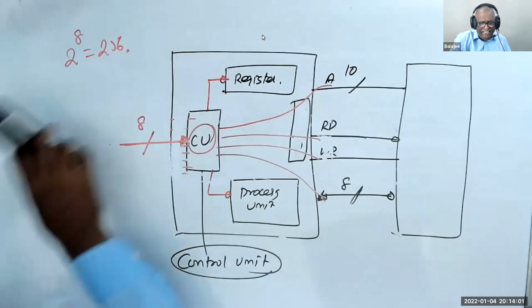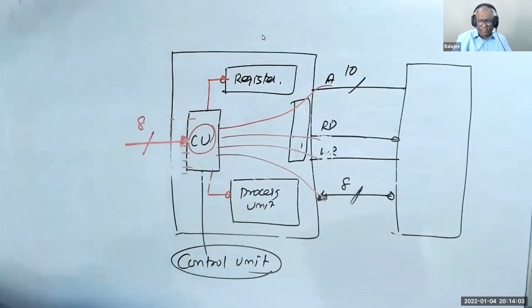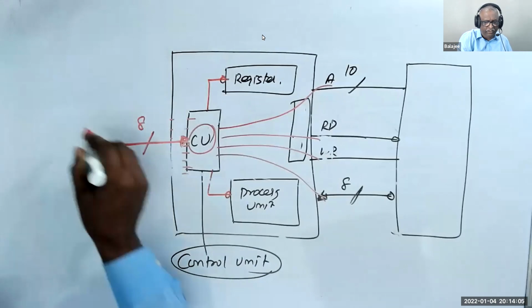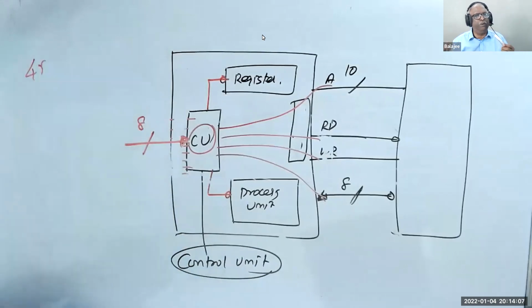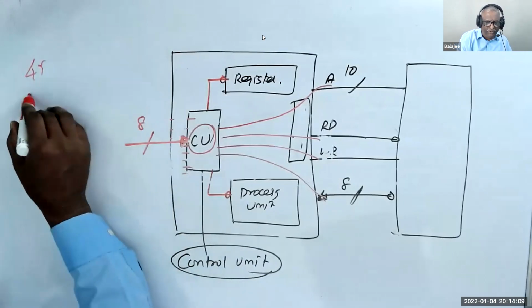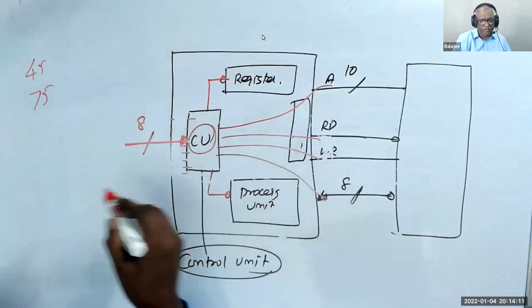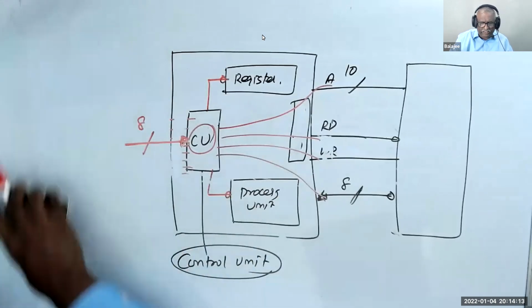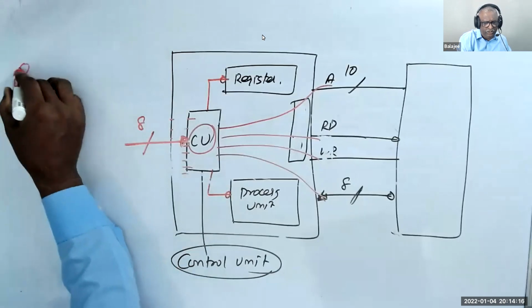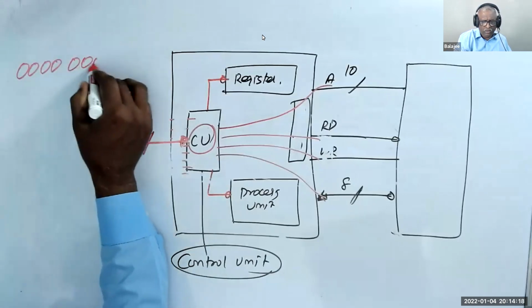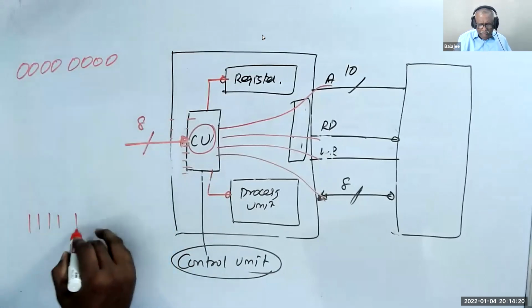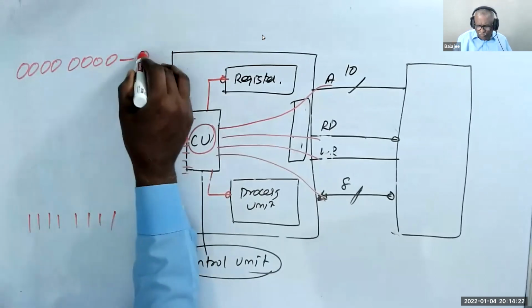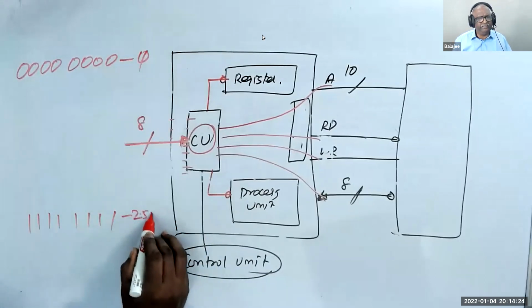That means he understands everything by a command number. If you tell him 45, he does one operation. If you give him 75, he will do another operation. Please understand, 8 wires means it goes from 0, 0, 0, 0, 0, 0, 0, 0 to 1, 1, 1, 1, 1, 1, 1, 1. This is 0, this is 255. That's it, nothing great about it.